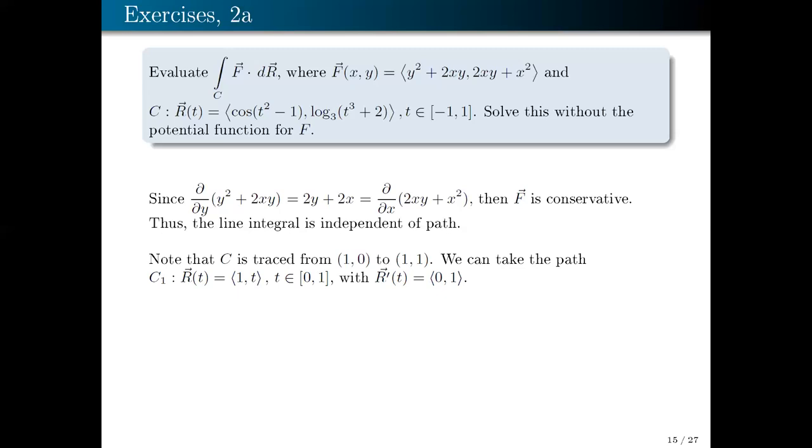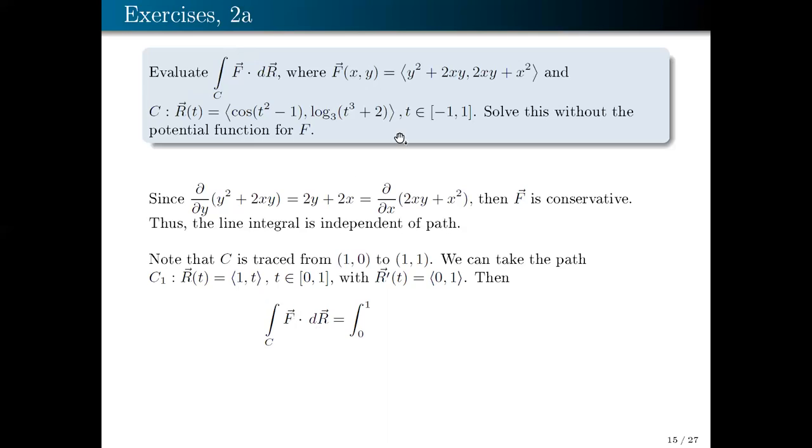Okay? So what happens here is, since we have independence of path, this line integral here will be the same if we consider the line integral along C1. Okay? So that line integral along C1 will be expanded to be the integral from 0 to 1 of f of r of t.